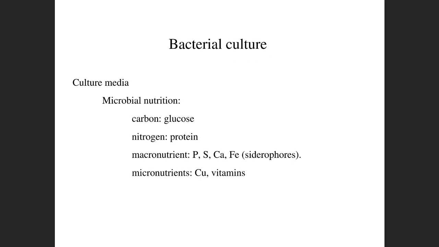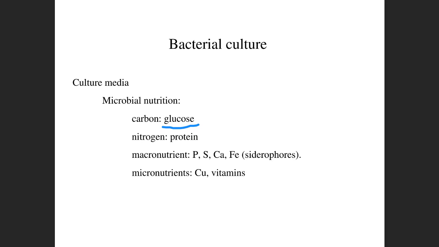So the microbial nutrients involve a carbon source, nitrogen, macronutrients, and micronutrients. The most common carbon source is glucose. So that's a very important molecule. Okay, glucose is a universal carbon source for microbes.